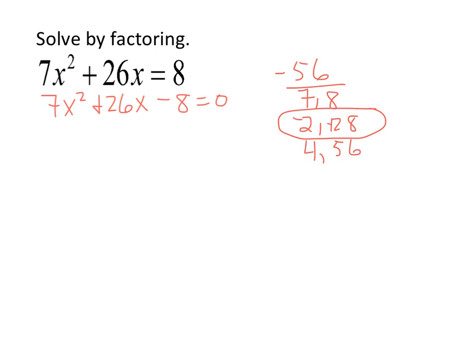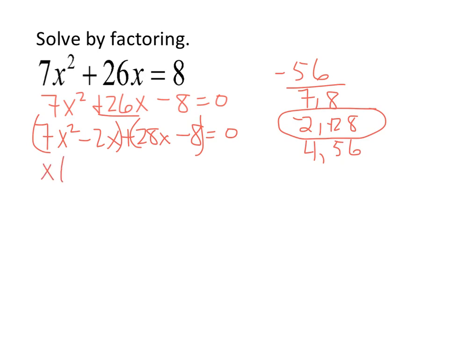So remember, I'm going to substitute that in the place of the 26x. 7x squared minus 2x plus 28x minus 8 equals 0. Remember, from here we set up our grouping. The GCF of the first pairing is an x, and what's left inside is 7x minus 2. In the second grouping, the GCF is a 4. What's left inside is 7x minus 2.